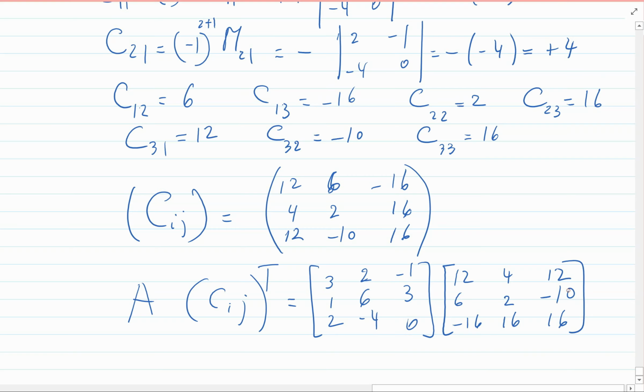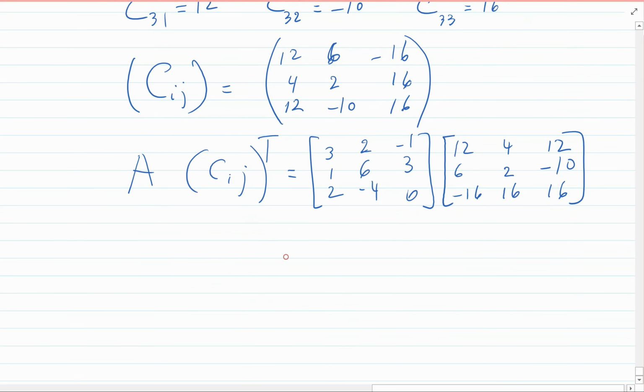Okay, so if we do this, we will find that the first one will give me what? We know we're going to have the same element on the diagonal, so I leave it to you to check it. You will find that it is 36.